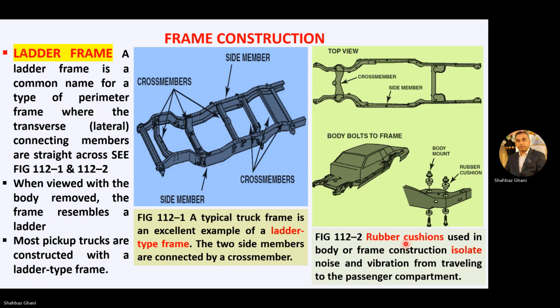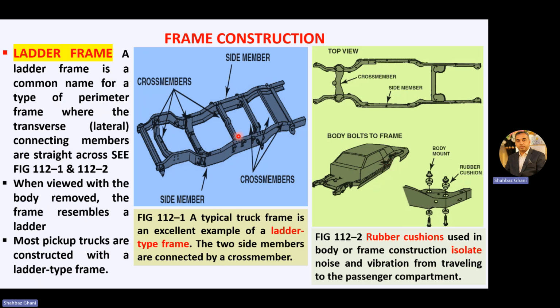Now, rubber cushions used in the body or frame construction isolate noise and vibration from traveling to the passenger compartment. So we have a body placed on a frame, with cross members and side members. We isolate this frame from the body with the help of rubber cushions, rubber pads, which isolate the noise and also the vibration from the road to the body and the passenger compartment.